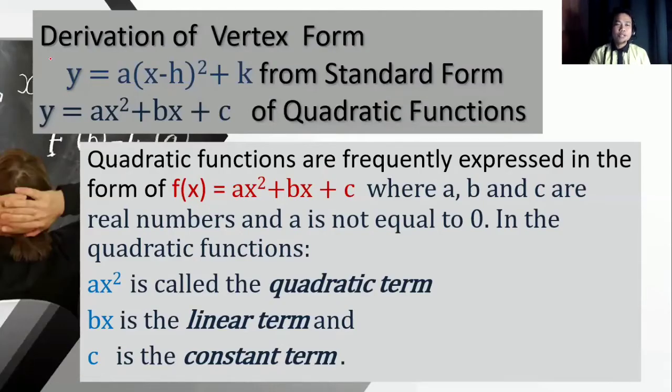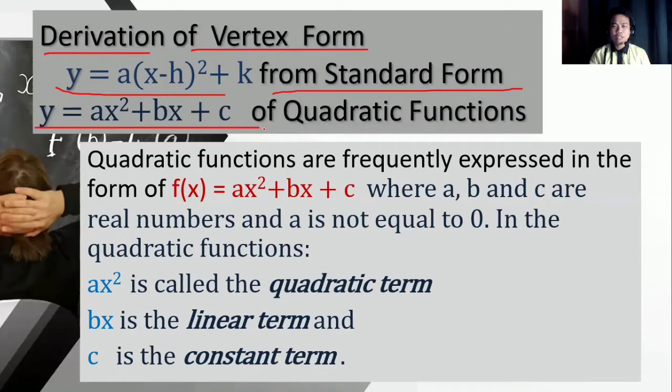So we have to derive the vertex form of y equals a times the quantity of x minus h squared plus k from the standard form of the quadratic function, which is y is equal to ax squared plus bx plus c.